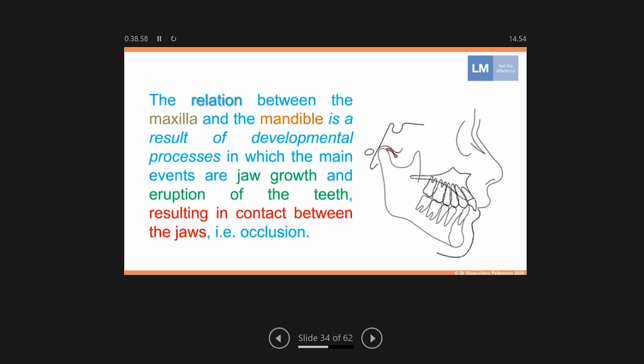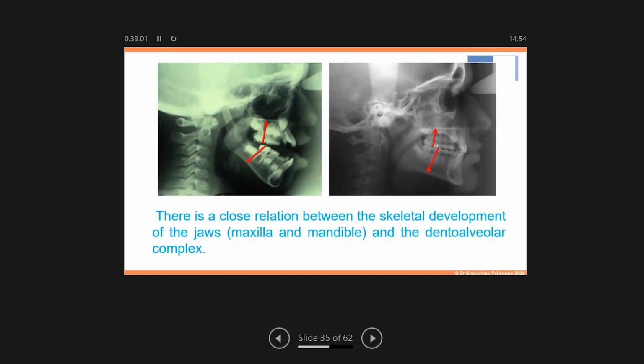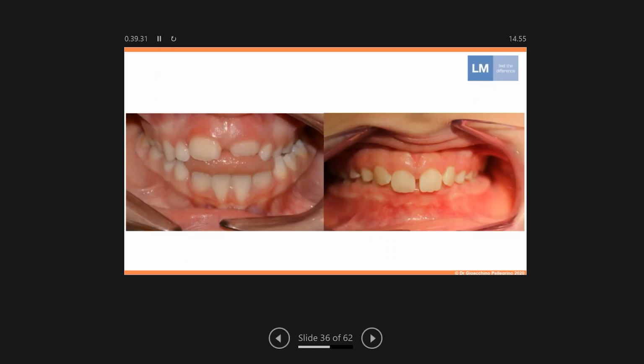And we can see that the morphology of the dentoalveolar sectors and the morphology of the mandible and the upper maxilla are really very different if we consider the structure of a long face or of a short face. And we can see that the position of the teeth is really very different in these two situations.